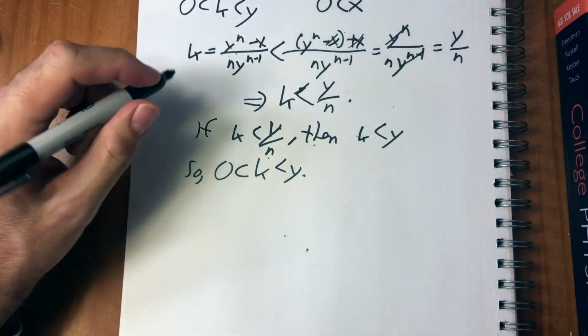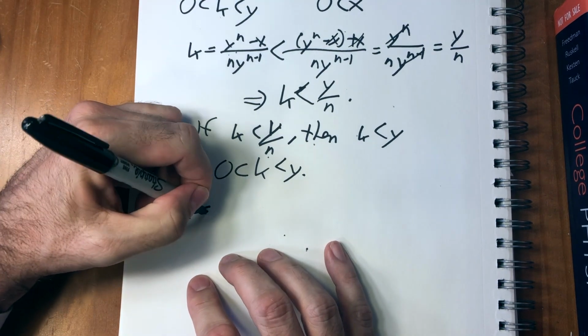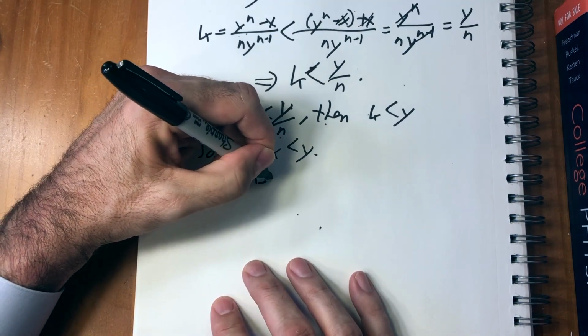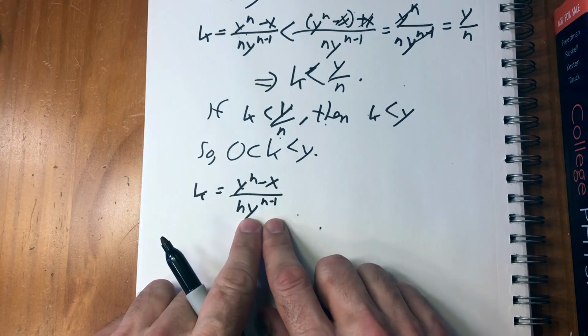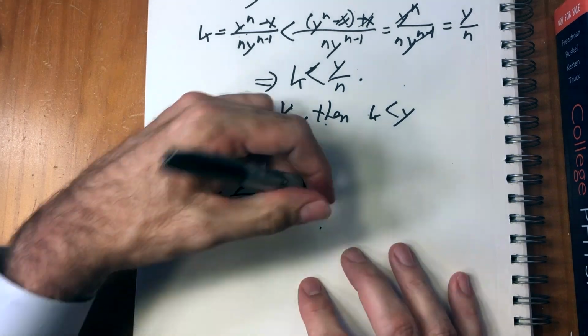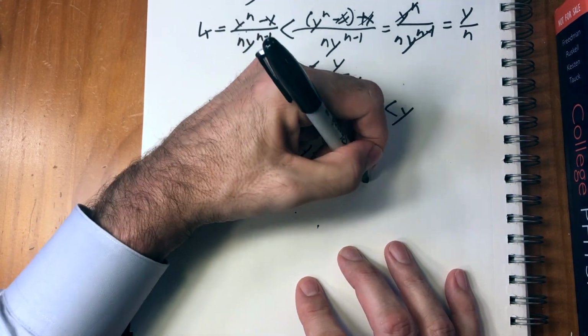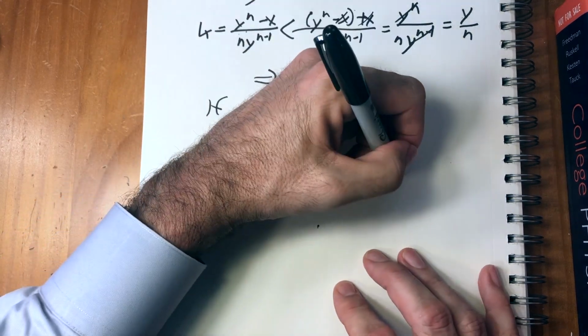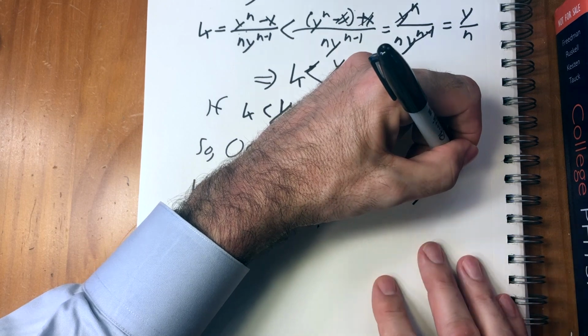And then note one more thing. If we have k equals y to the n minus x over n y to the n minus 1, if you multiply both sides by the denominator, you get that y to the n minus x equals k n times y to the n minus 1.